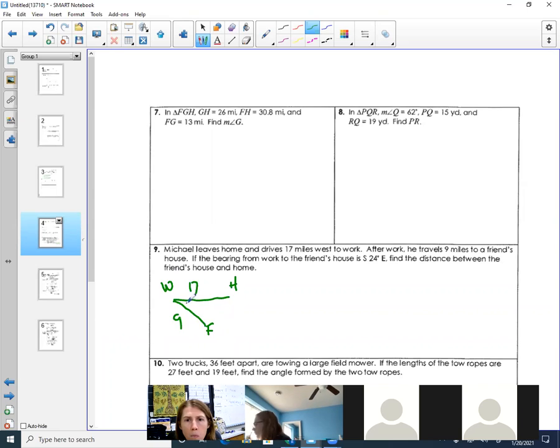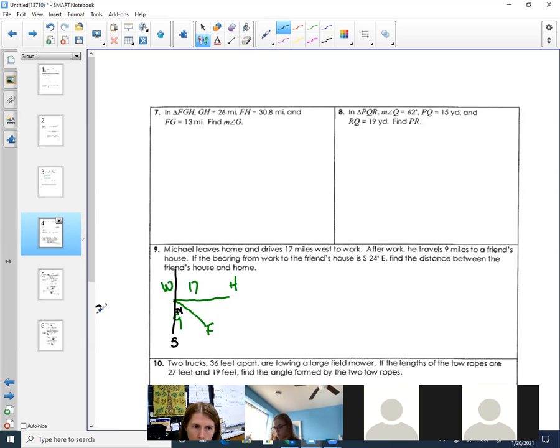If the bearing from work to the friend's house, this is why it went southeast. See how it went south, and then it went 24 degrees to the east. So this is 24 degrees. So if this is 24, I need to find this angle right here.